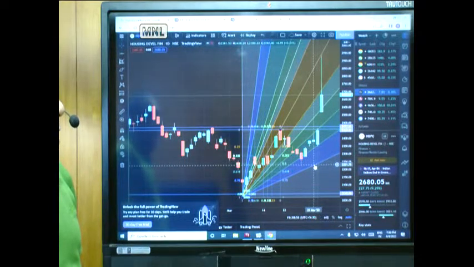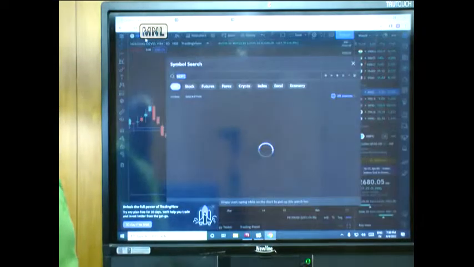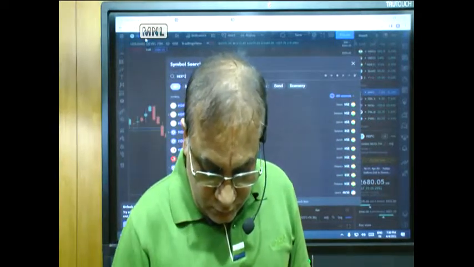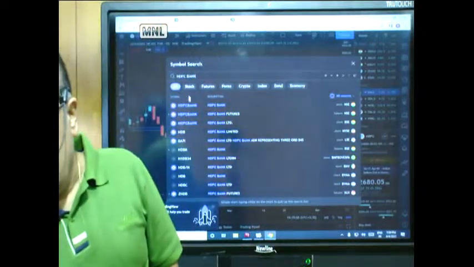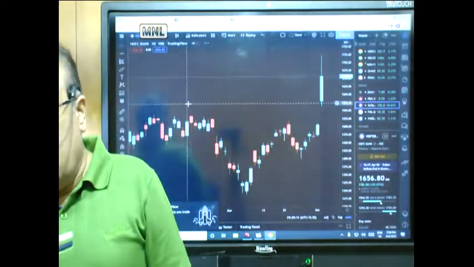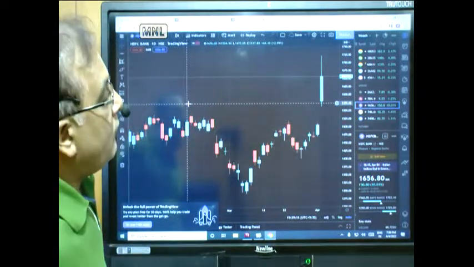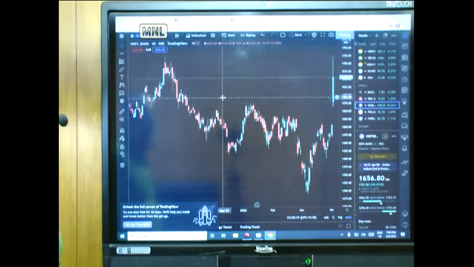And let's look at the HDFC Bank. HDFC Bank also went up to 1725 and closed at 1656, and the trend change, of course, today it was quite a big day.